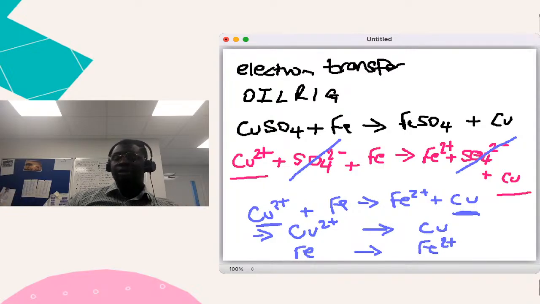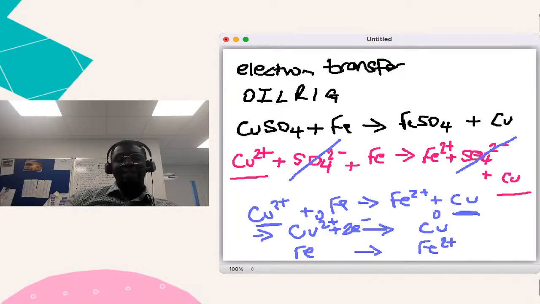What I should be trying to do is making sure that the charge is same overall on both sides. So if I've got copper 2 plus here, which is 2 lots of charge, I should add 2 electrons to the left-hand side, because 2 lots of positive charge would cancel out 2 lots of negative charge. So overall, I've got a charge of 0 on the left-hand side, and I've also got a charge of 0 on the right-hand side.